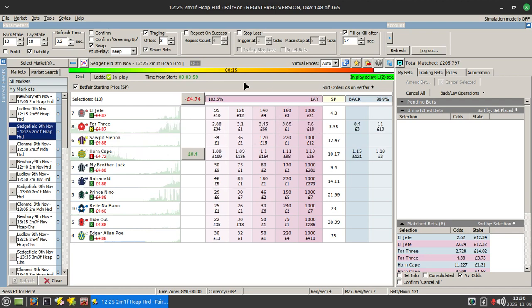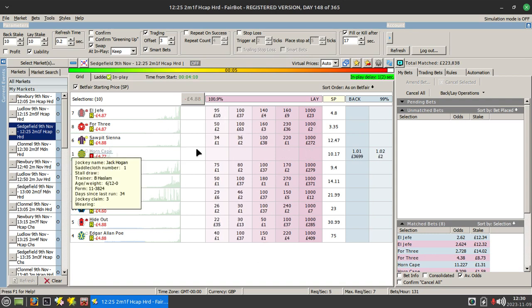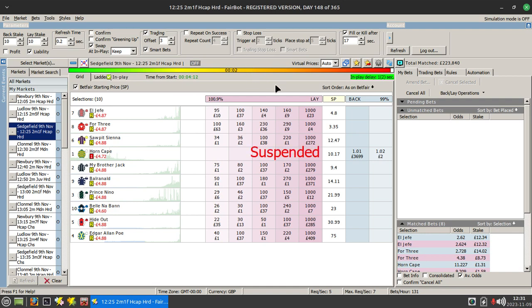So you will find that by trading in the first half of the race, you will get fairly consistent but low level profits. You can make a much bigger difference if you do it in the latter stages of the race, simply because the volatility is so much greater, but the risks are greater as well.